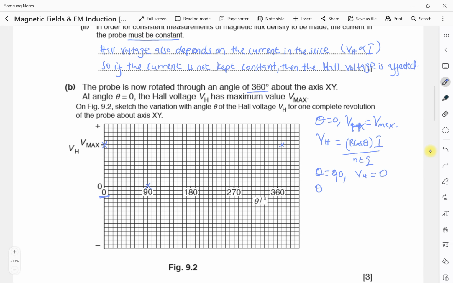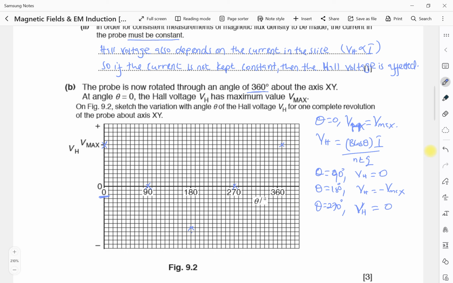Then you can check for theta equals 180. Cos of 180 is negative 1, so V_H is going to be negative V_max. Then for theta equals 270 degrees, cos of 270 degrees is 0, so V_H goes to 0.